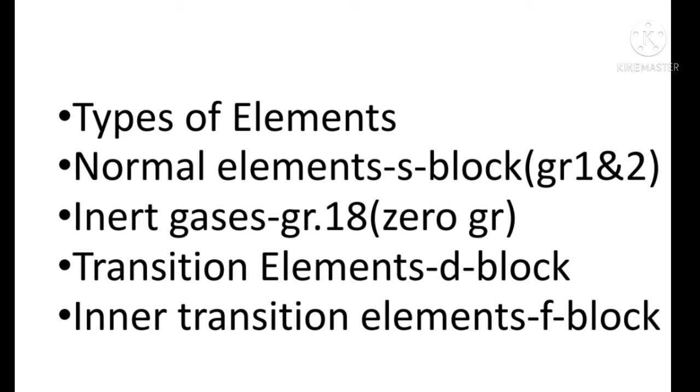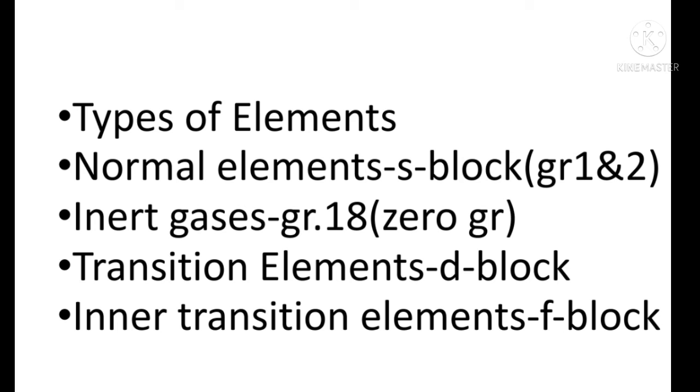Inert gases. The elements present extremely at the right side, from group 18, are inert gases. Group 18 is also called zero group, and these elements, meaning inert gases, are the zero group elements.